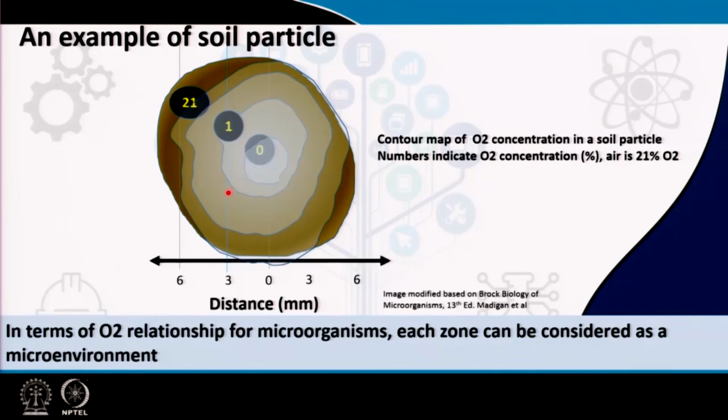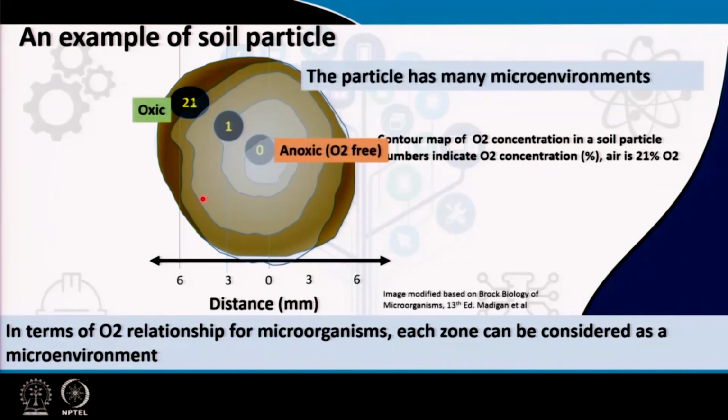So, each zone can be considered as a micro environment. So, here in the picture we can clearly see there could be at least 1, 2, 3 micro environments or even more, because we have not plotted all the oxygen concentration zones over here. Now, this is actually going to affect the microorganisms present in the soil particle. This is a story of a single soil particle.